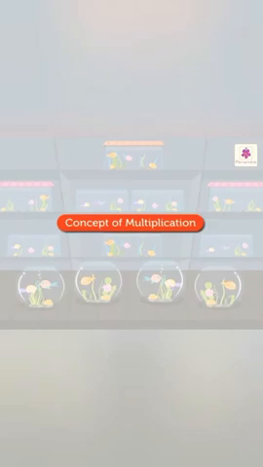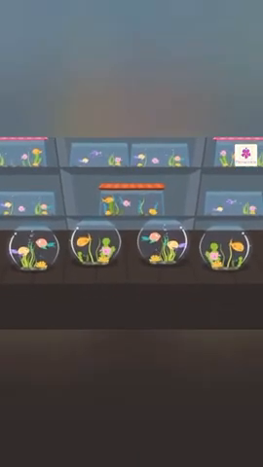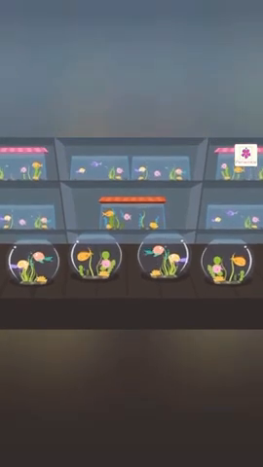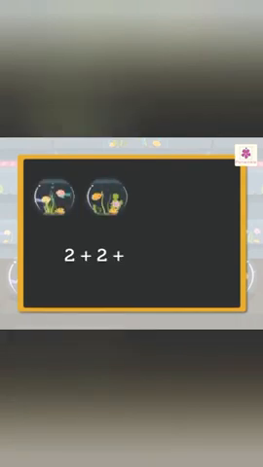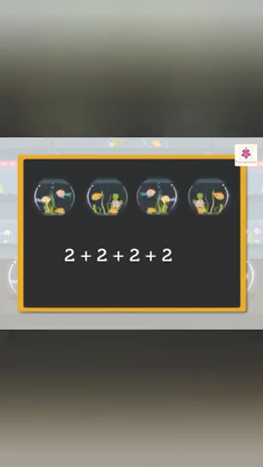Let's understand the concept of multiplication with the help of these little fish. There are 4 fish bowls. There are 2 fish in each bowl. To get the total number of fish, we add the number of fish in all the 4 bowls. That is, 2 plus 2 plus 2 plus 2 is equal to 8.